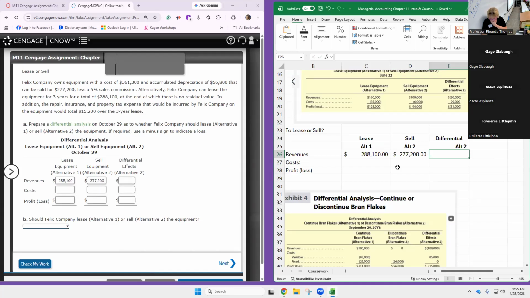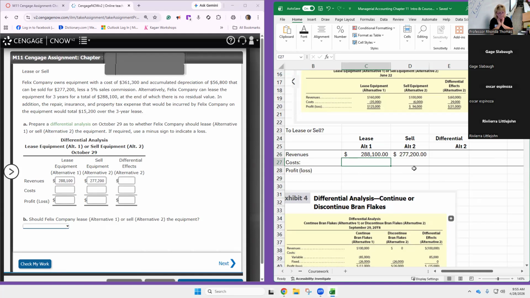It's the differential effects. And because this is revenue, we've been looking at it from costs more than anything. Let's go ahead and put our costs in, and I'll explain which direction things are going.